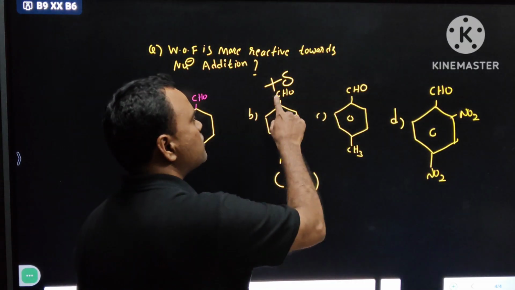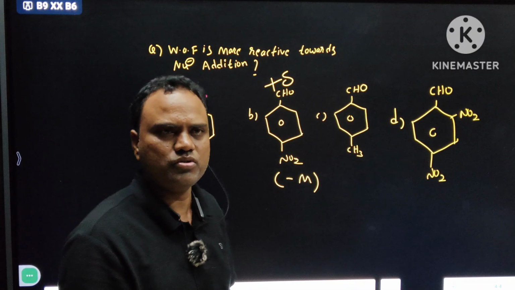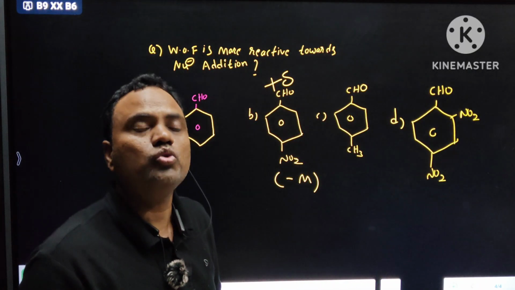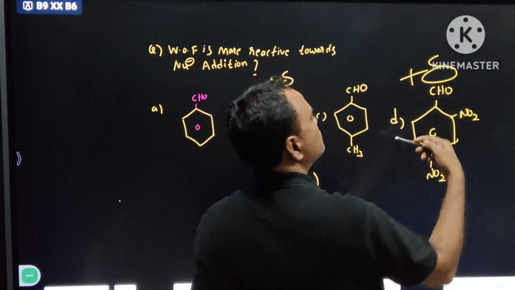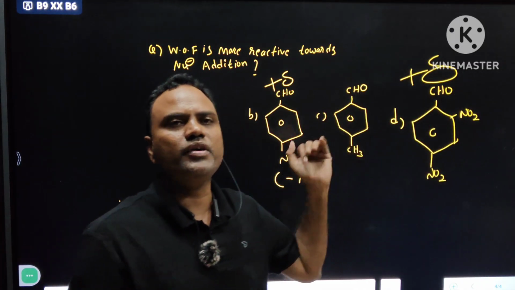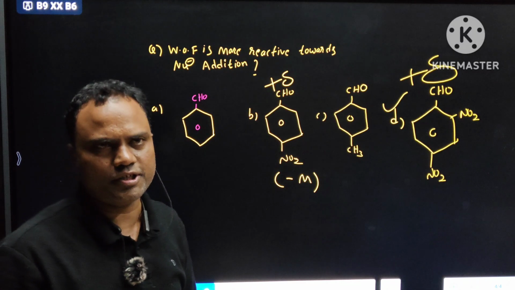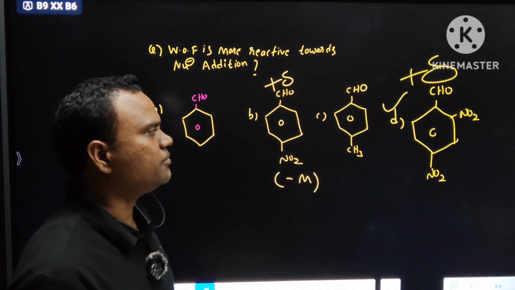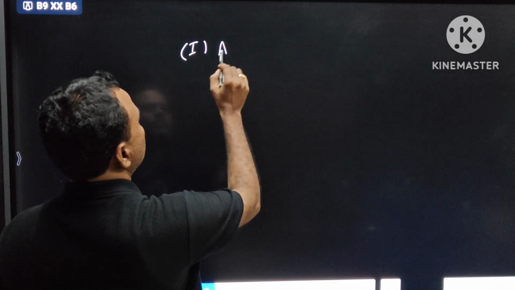If it withdraws electrons from the aldehydic carbon, then the aldehydic carbon will get positive charge. Clear? Similarly, in the last case, in option D, two minus M groups are present. So here more positive charge. Okay, positive and more positive. So the nucleophile will attack easily on the last aldehyde. Clear? If the positive charge is more, then the reactivity will be more. This is based on the minus M concept.